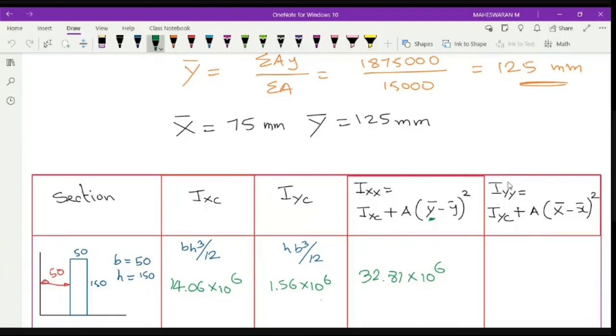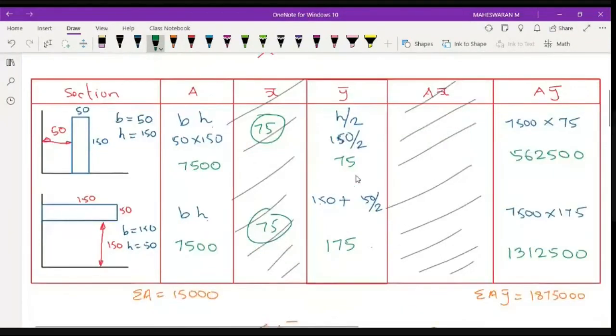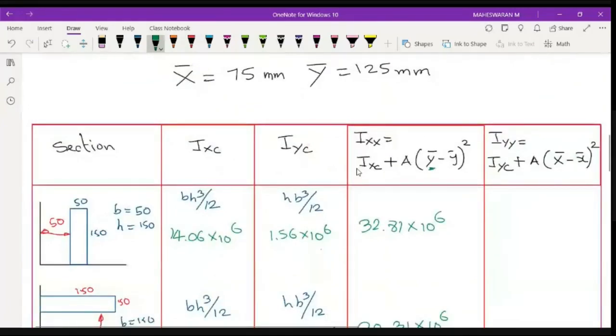And small X bar is, for this, we have not identified it. Usually it will be 75, right? So if you identify, either 50 plus 50 by 2, so this is 75, right? Similarly, this also will be 75. Okay. So small X bar is 75. Which means I think this gets cancelled.